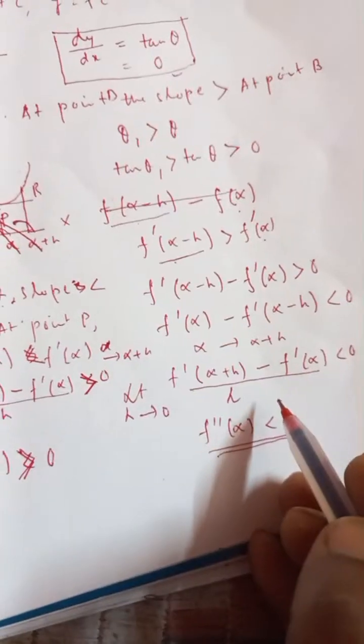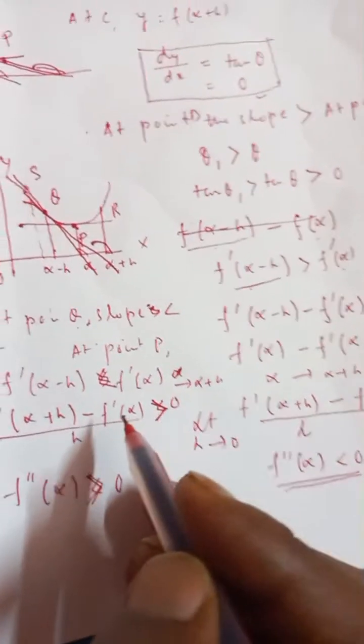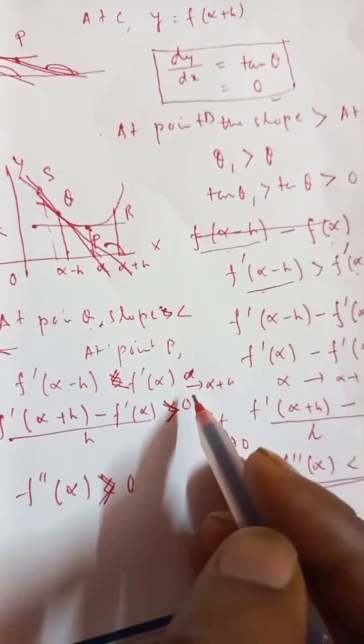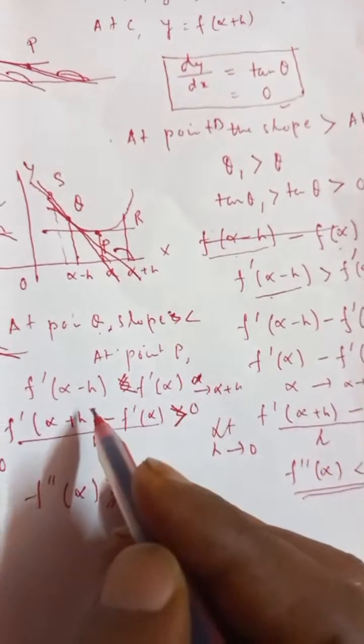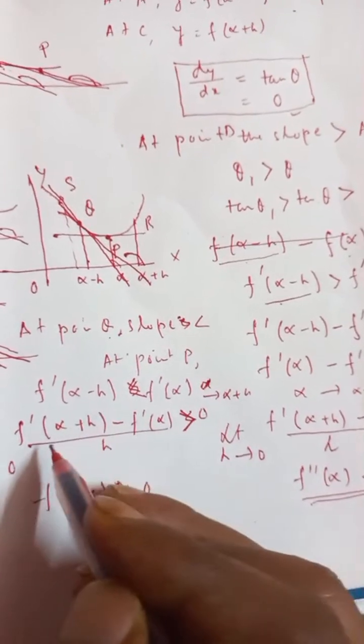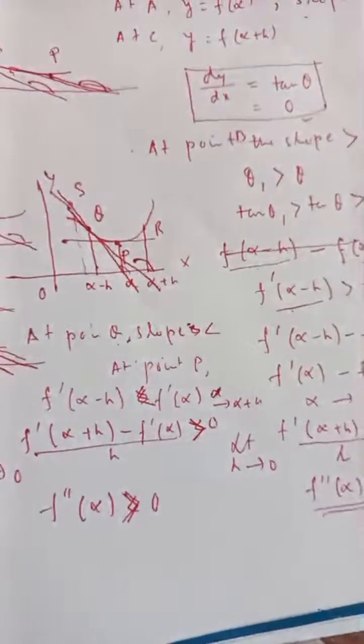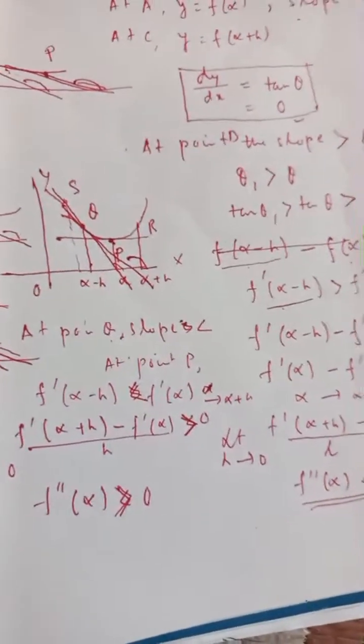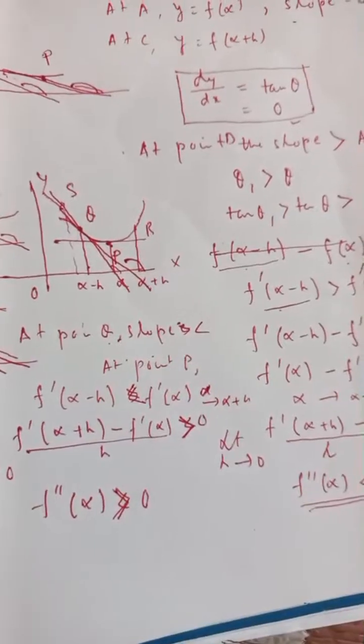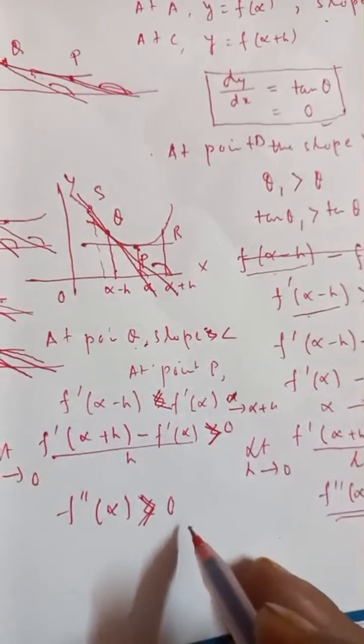As earlier, if I replace alpha by alpha plus h, then it will be the first derivative of f(x) at alpha plus h minus the first derivative of f(x) at alpha, divided by h. This will be greater than 0.